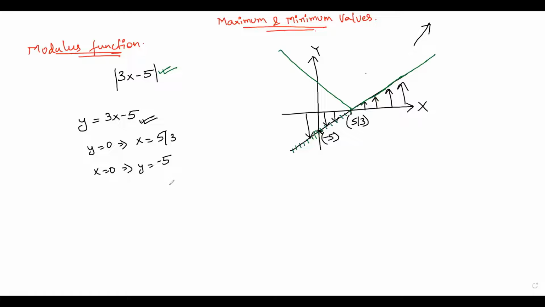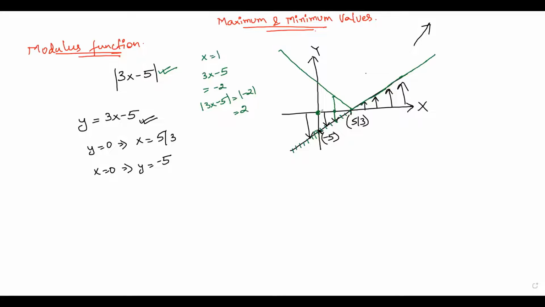For example, when x is 1, in that case 3x minus 5 would have given us 3 into 1 minus 5, that is minus 2. But mod of 3x minus 5 would have given us mod of minus 2, that is plus 2. So at x equals to 1, somewhere here, the negative value of minus 2 would have become positive value as 2.